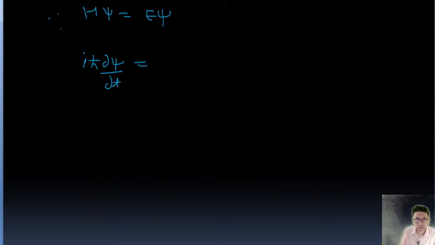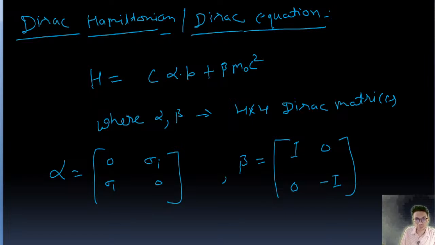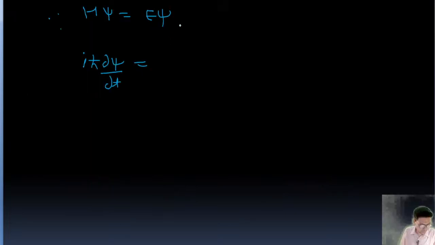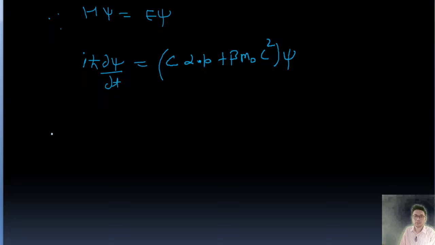H is the Hamiltonian, so this is going to be c into alpha dot P plus beta m naught c square, acting on psi. Now I will write it in differential form.